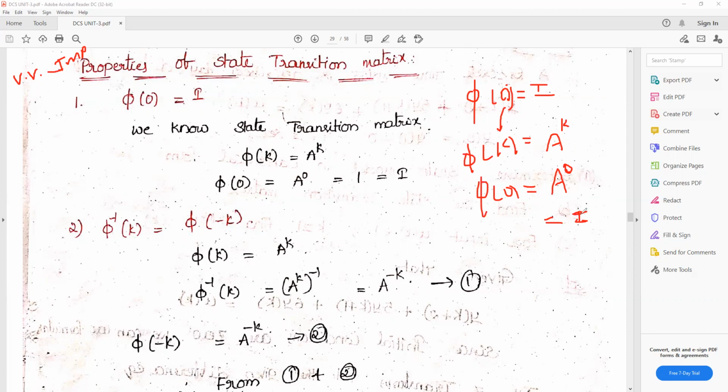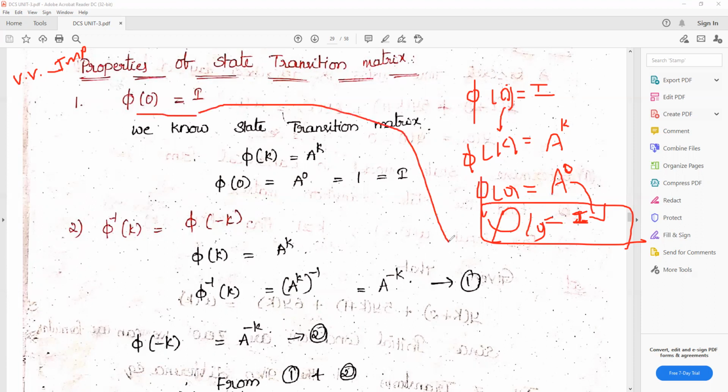Since A is a matrix, the 1 is taken as the identity matrix. Phi of 0 is equal to I. That is the first property, proved.